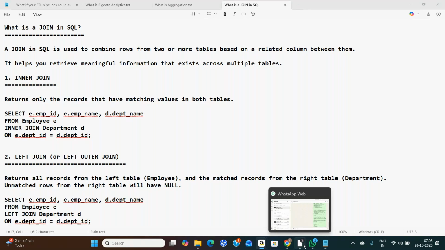Today we are going to discuss what a join is and the types of joins. Of course, it is a very lengthy process. Remember everyone, as per past experience with candidates attending the first round of interviews, the L1 rounds, this question gets repeated 100%.